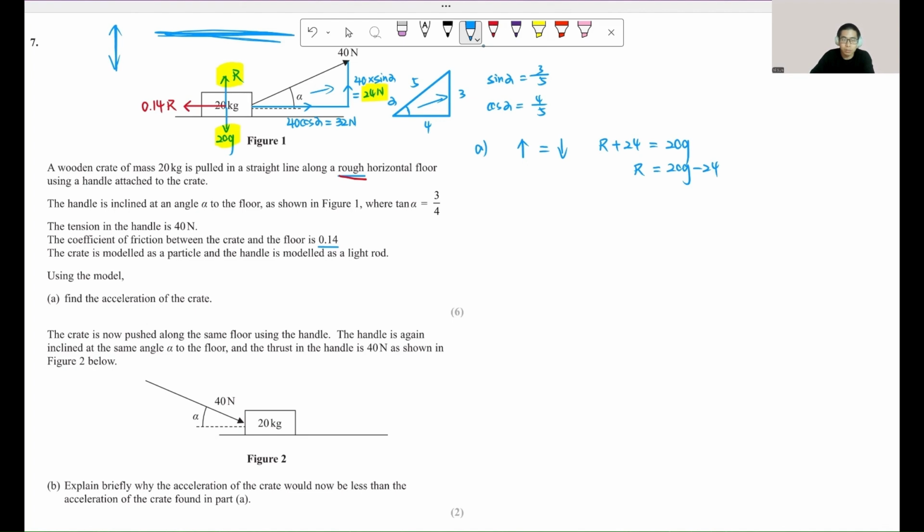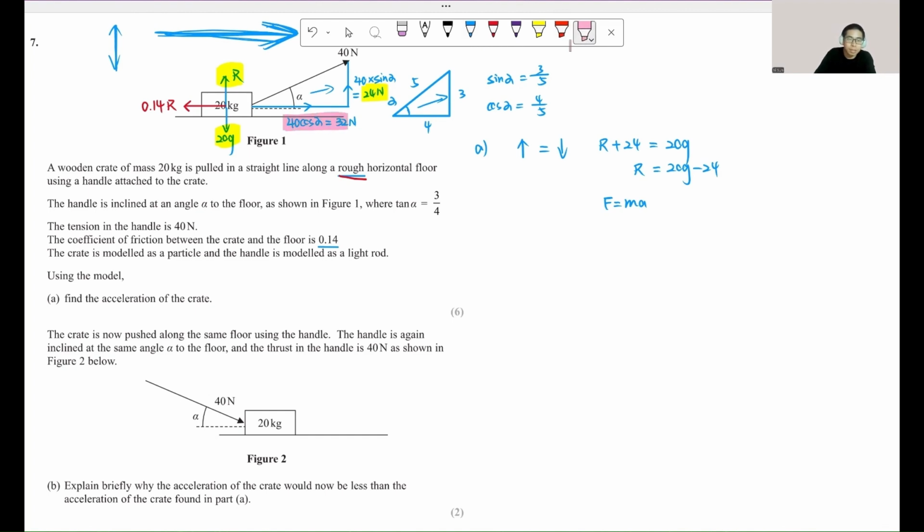And then because the particle is moving in the horizontal direction, as long as it's moving, we need to use F equals ma. F is the resultant force. Because it moves to the right-hand side, we have the force to the right minus the force to the left.